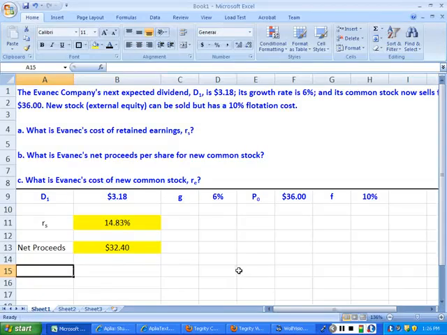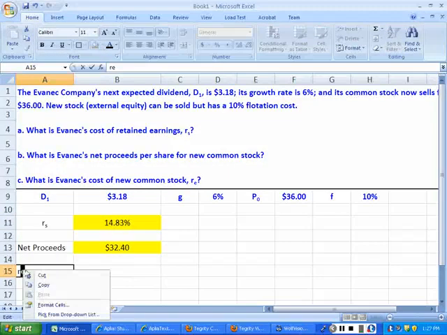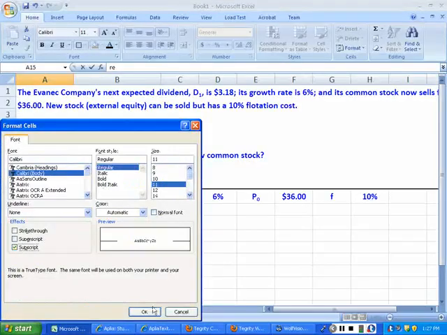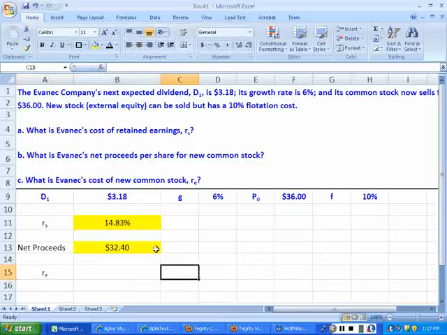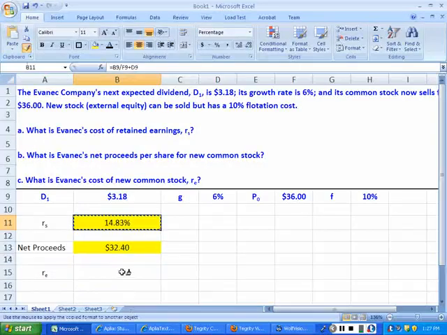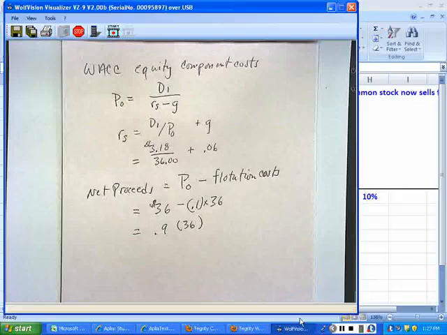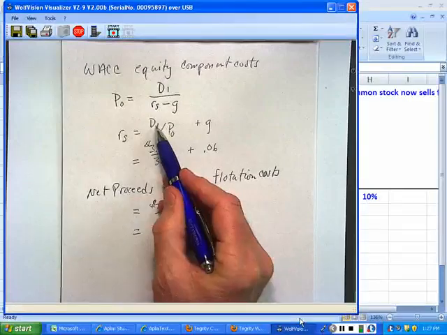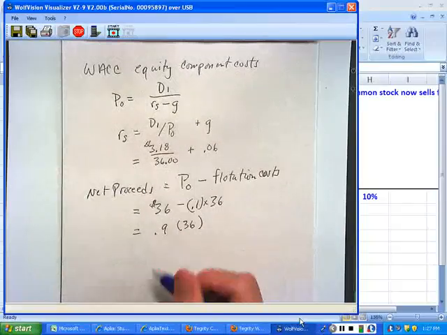Now, that's helpful in going to the measure that we want to have here for R sub E. So when we put the cost of new equity in place here, there's our R sub E. What's going to be happening here is similar to what we had done up here, where you have to pay the same dividend to the retained earnings shares as you do to the new shares.